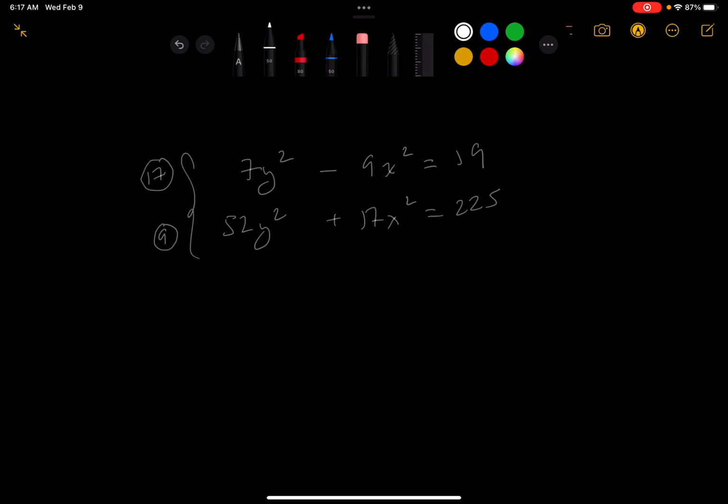And let's see, 17 times 7. Let me write this over here. That's 70 and 49. That's going to be 119y squared. Minus, I don't really need to write it down, 17 times 9x squared.